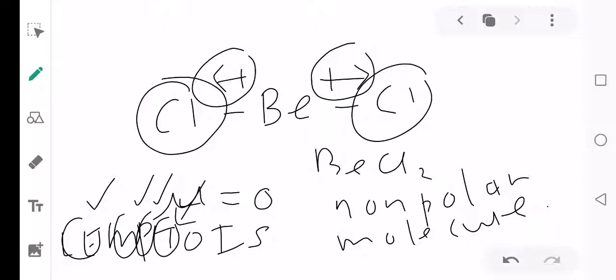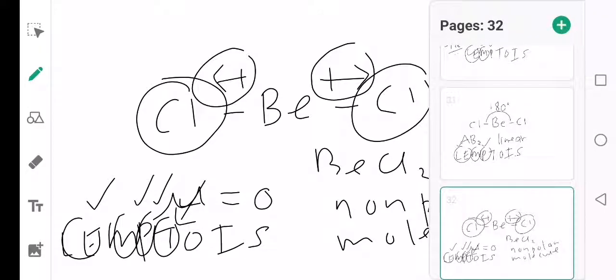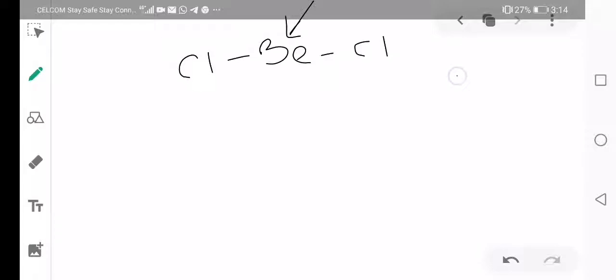That is type of hybrid. Okay, type of hybridization. So this is your BeCl2. Firstly, we want to guess the type of hybrid for the central atom. A bond pair means a sigma bond here, and a sigma bond here.